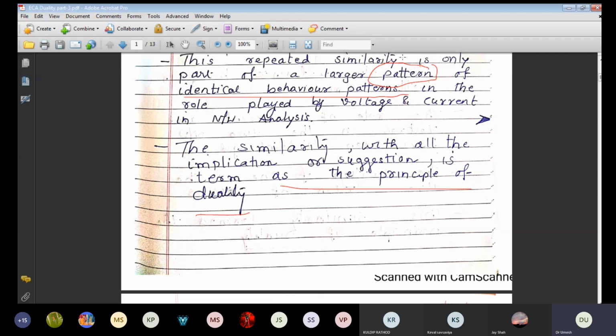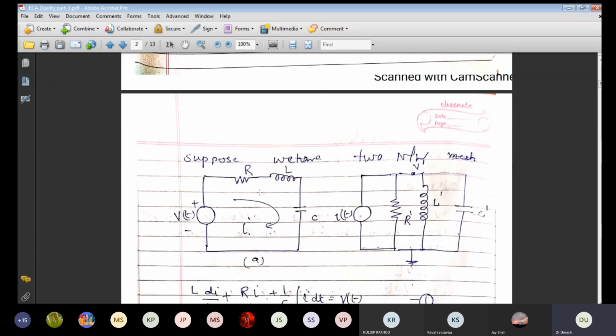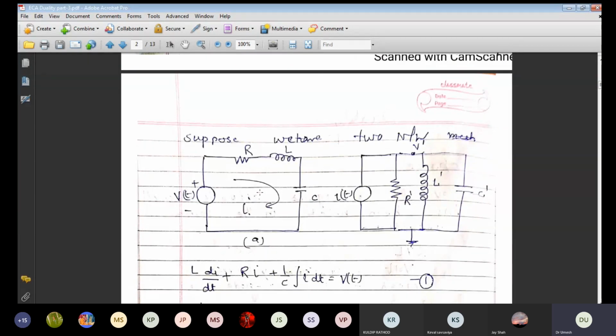If the pattern is the same, then we can say both equations or both circuits are dual of each other. Principle of duality means the similarity with all the implications or suggestions. Let me take one example.